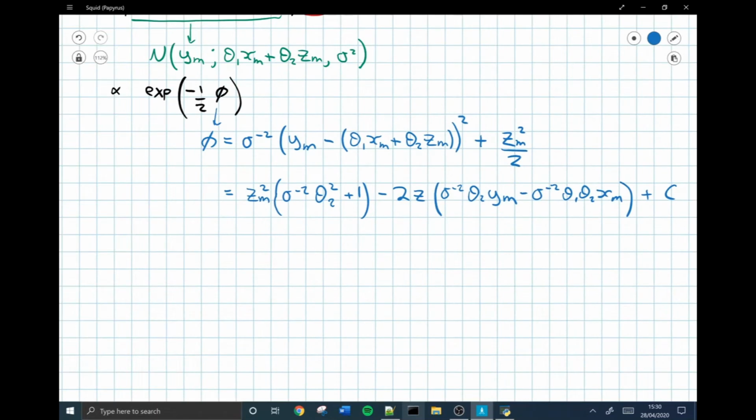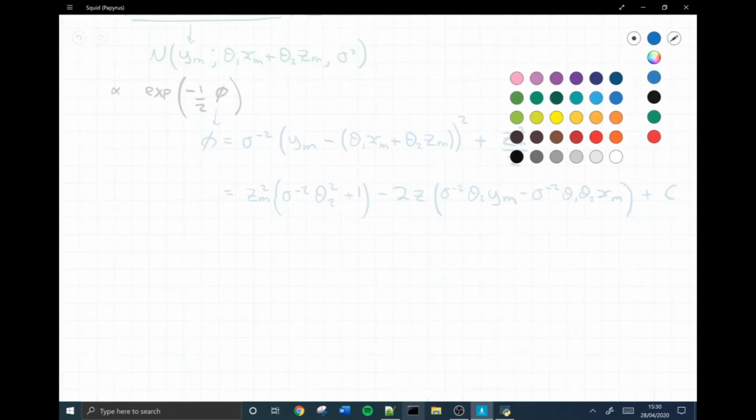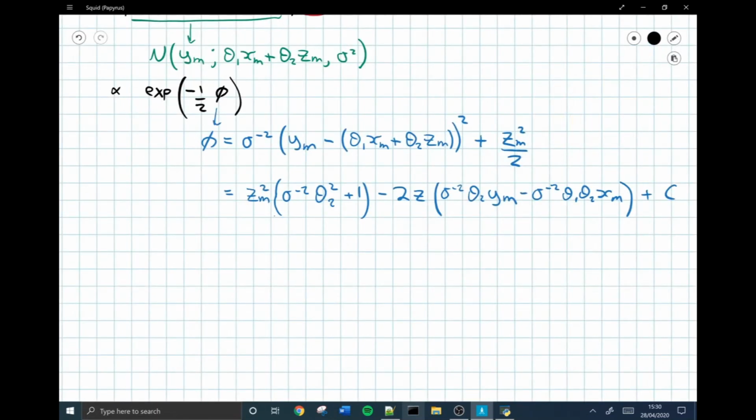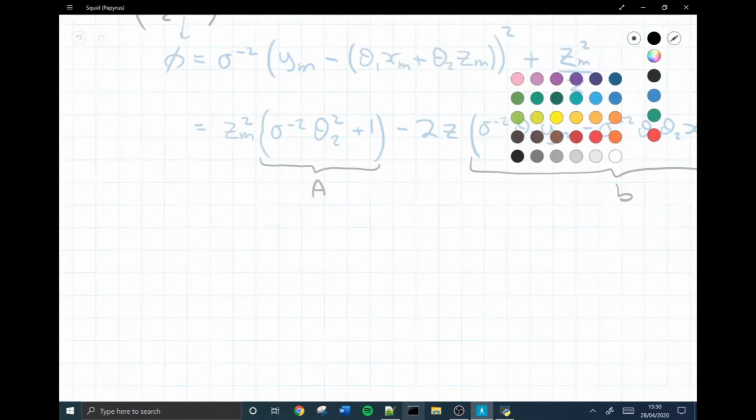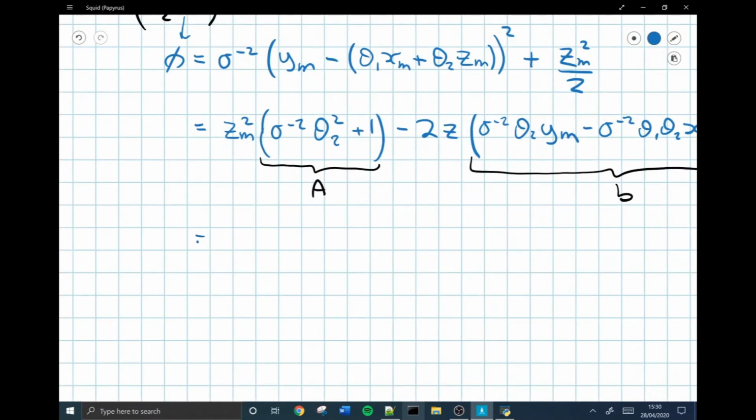So the reason we write it out like this is now we can say, okay, let's just call this stuff A, and this stuff B. And it means we can write this all as A times Z minus B divided by A, squared, plus another constant.